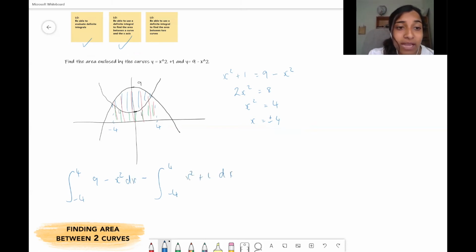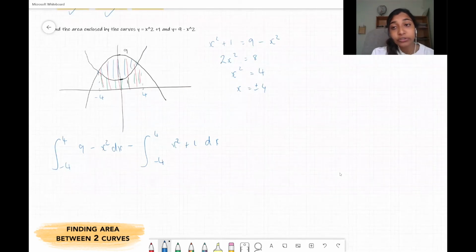So if we subtract the area beneath your 9 minus x squared, if you do that minus the area below it, x squared plus 1, you would be left with that enclosed area. So now we can just solve that.